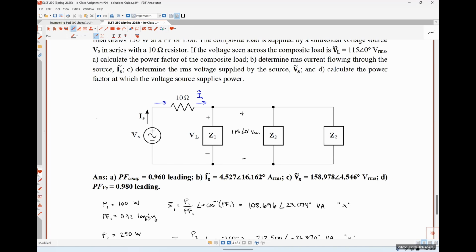So that's the only way we can currently solve for IS, essentially. If we had VS, what we would probably wind up doing is figuring out the complex power absorbed by that 10 ohm resistor, adding that to our composite load, and then doing the same process using VS instead of VL.